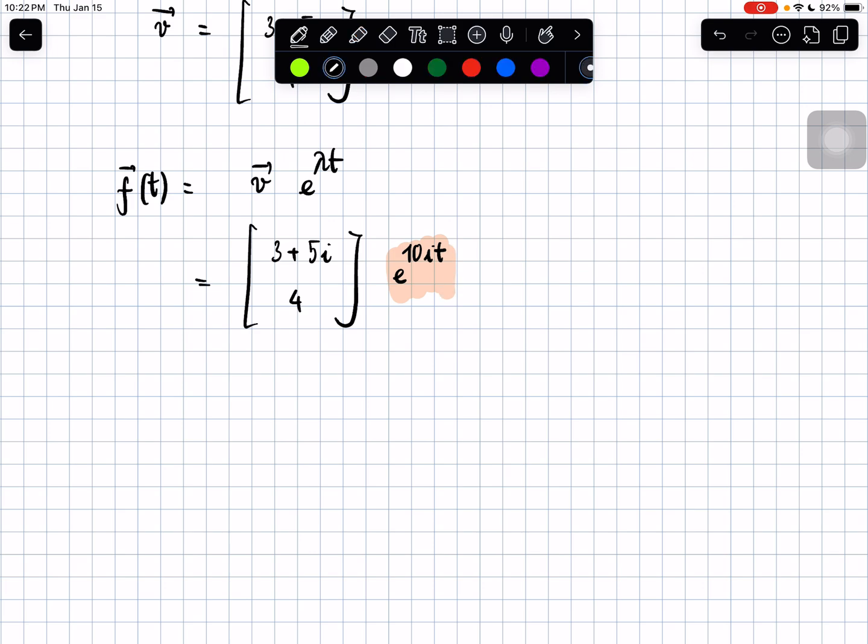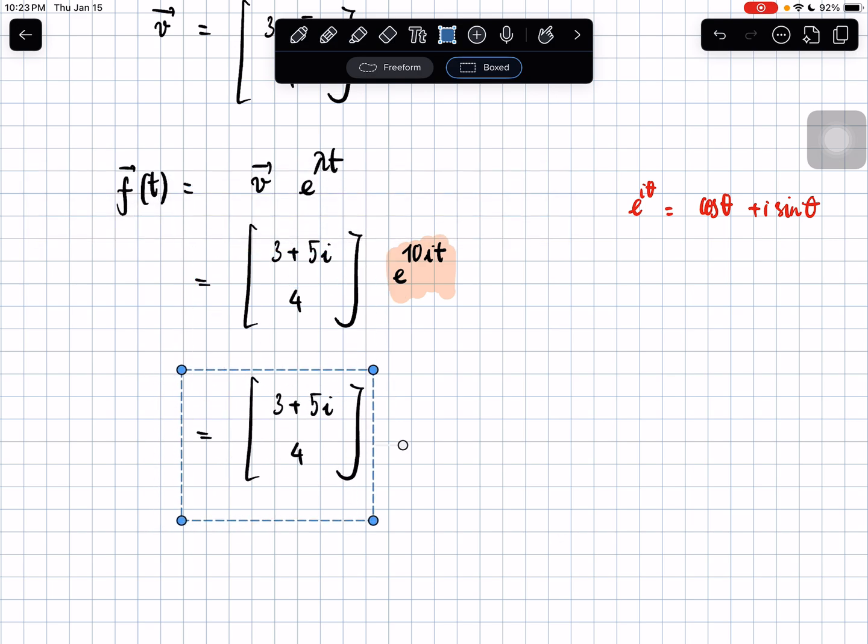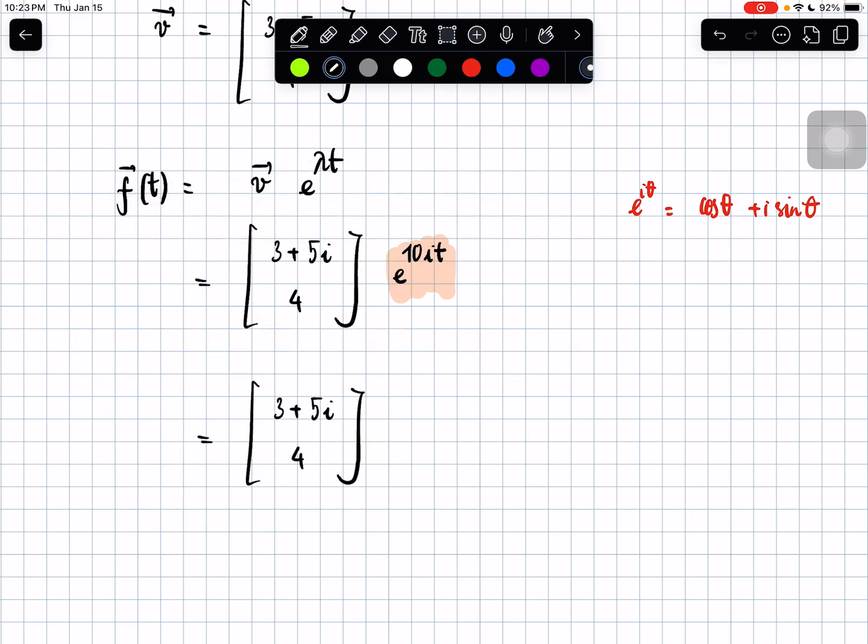Maybe I should recall that e to the i theta equals cosine theta plus i sine theta. So this is the Euler formula. Theta in our case is 10t. This one times cosine 10t plus i sine 10t.